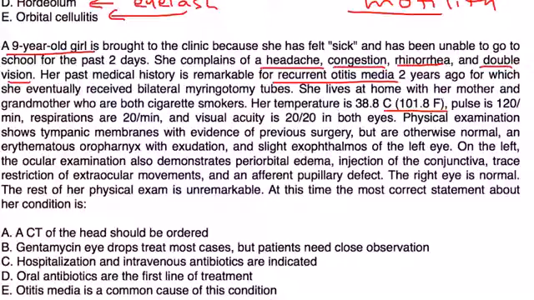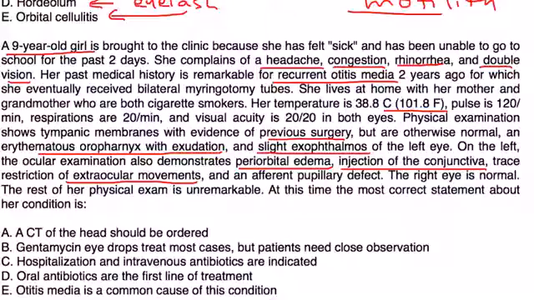Physical exam shows tympanic membranes with evidence of previous surgery, but otherwise normal. Erythematous oropharynx with exudation, slight exophthalmos of the left eye. On the left, the ocular exam also demonstrates periorbital edema, injection of the conjunctiva, trace restriction of extraocular movements, and an afferent pupillary defect. The right eye is normal. The rest of her physical exam is unremarkable.